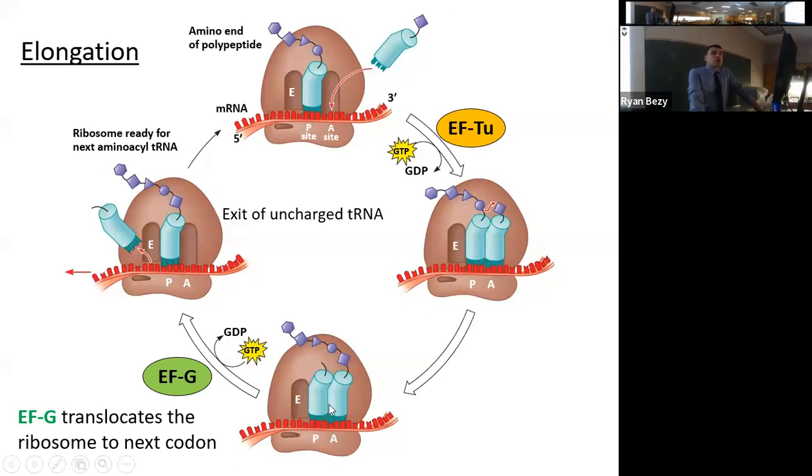It's also going to move this charged tRNA carrying the growing polypeptide chain from the A site into the P site. And then that is going to create an opening in the A site. And then you're just going to repeat that entire process again during elongation. Questions about that?